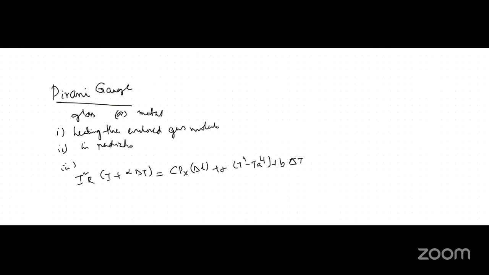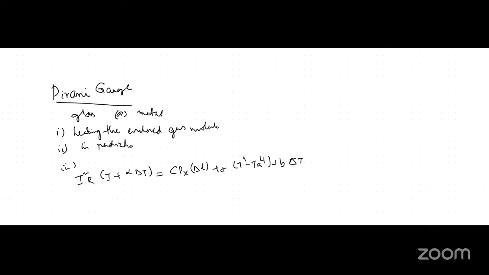Here delta T is the difference in the filament temperature, and Ta is the ambient temperature. Px is the pressure within the enclosure. C, sigma, and B are proportionality constants.